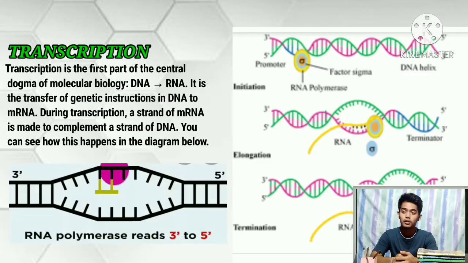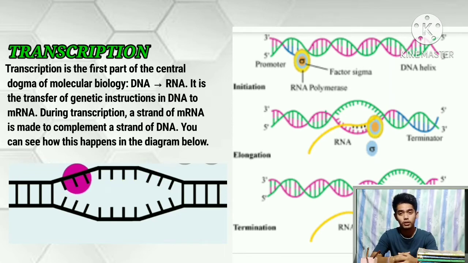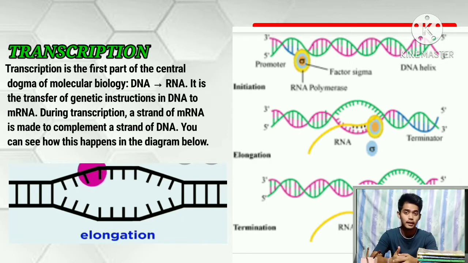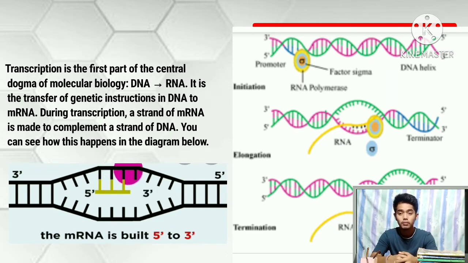So first, transcription is the first part of the central dogma of molecular biology, where DNA is converted to RNA. It is the transfer of genetic instructions in DNA to mRNA.